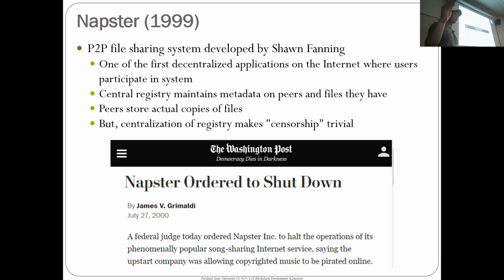But it is decentralized in the data plane, and because there is this central registry server, you could easily take it down. And that's what ended up happening. You would just have to attack the registry server, and it makes censorship, quote-unquote, trivial. And so a single judge ordering it to be shut down forced Napster to go out of business.